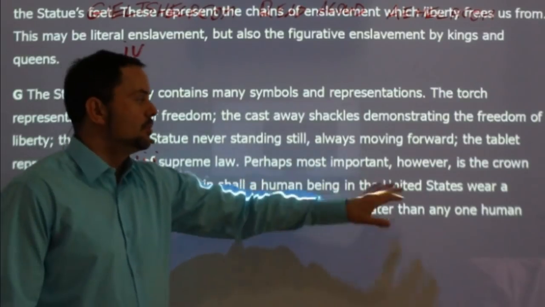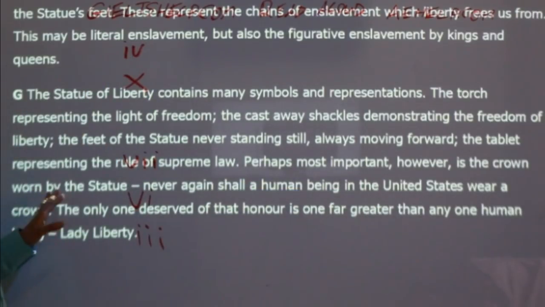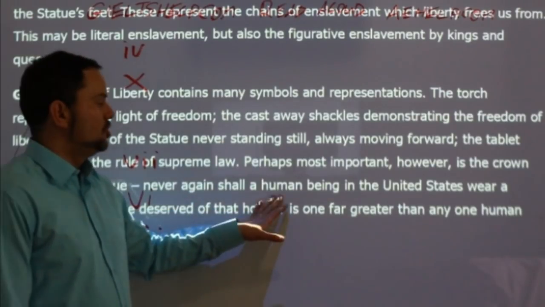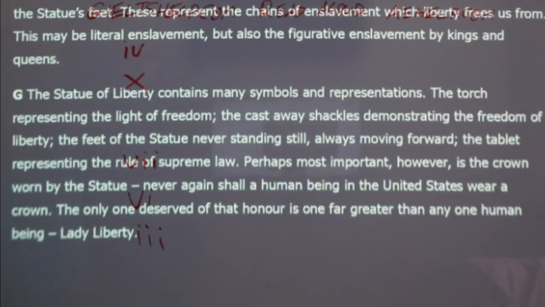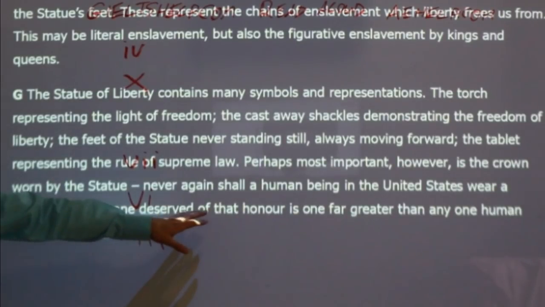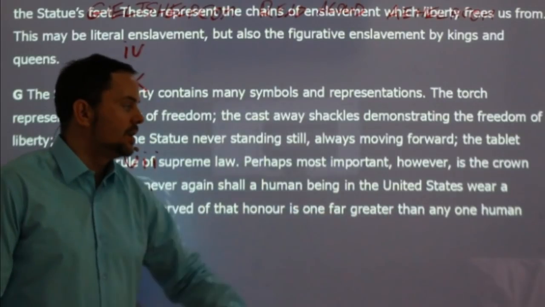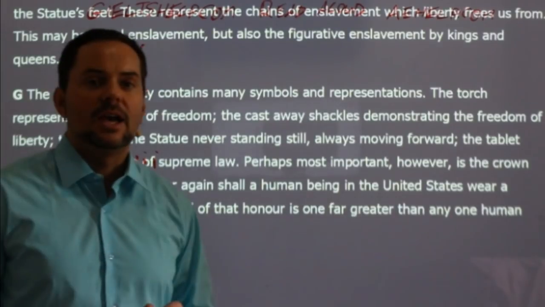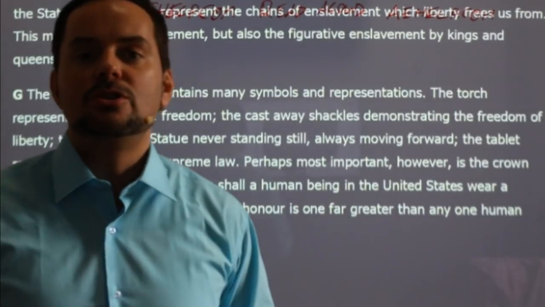Perhaps most important, however, is the crown worn by the statue. Never again shall a human being in the United States wear a crown. The only one deserved of that honor is one far greater than any one human being. Lady Liberty. Okay, so that's the conclusion.